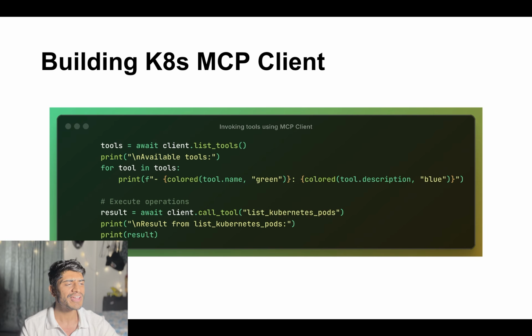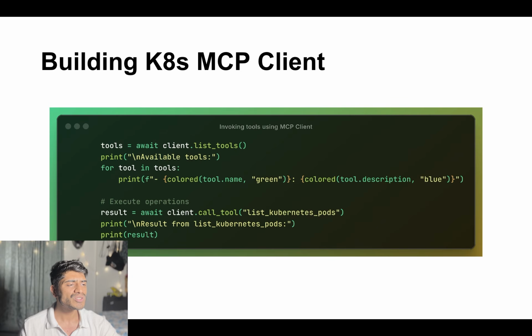And I'm printing it here. Now the next step is, just for the demonstration, I try to call this tool called list Kubernetes pod. So I'm calling this tool manually, right? Remember, I'm calling this tool manually with the help of this function called create tool. So my MCP client is going ahead and calling this tool on the MCP server.